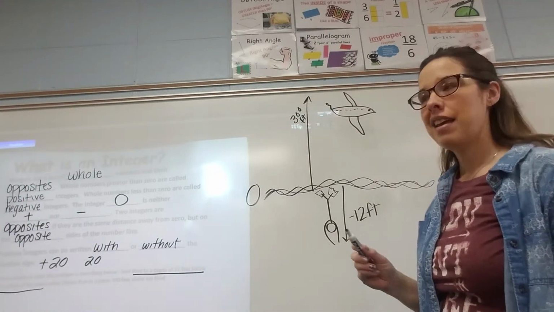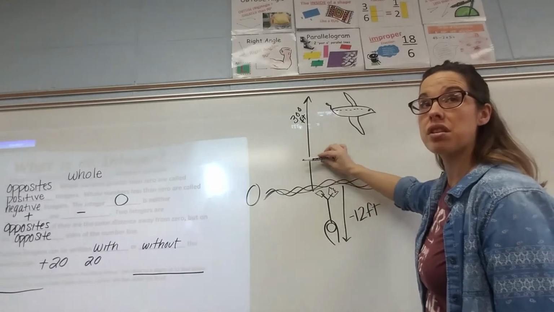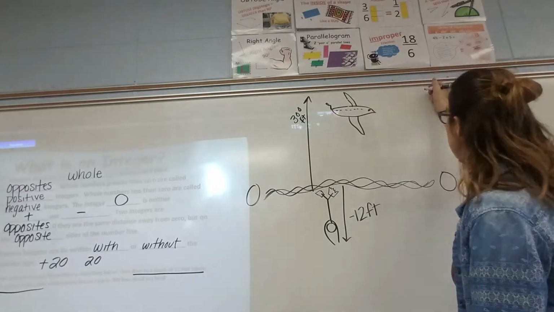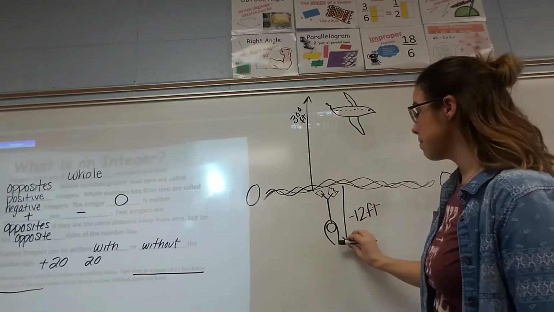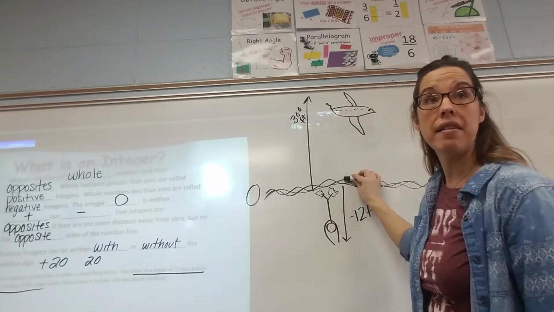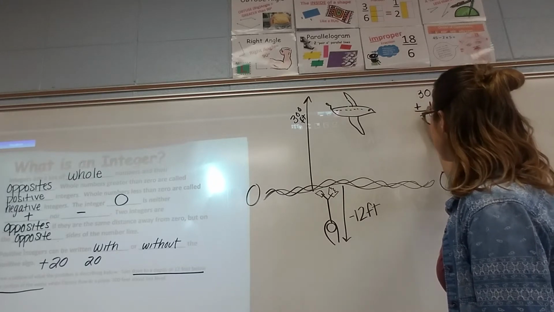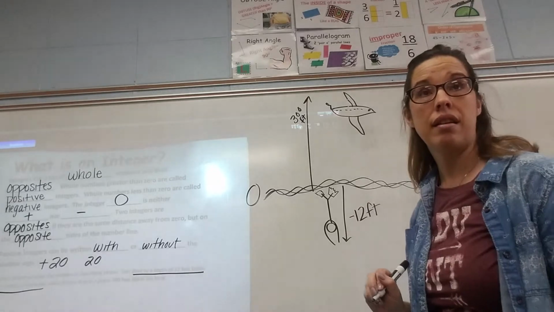Because if this is 0, she's 300 feet above 0, and he is 12 feet below 0, so he's 12 away from 0. You would just add those together, and they would be 312 feet apart.